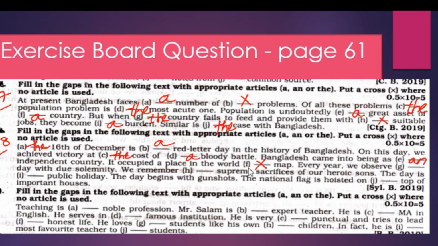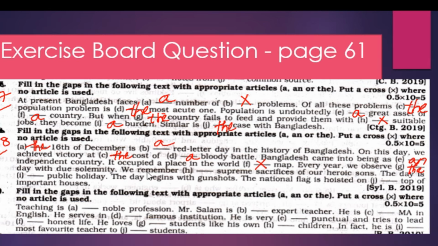Normally, no article will be used before adjective and noun. Okay, world map. Before this map, an article will not be used here. Every year we observe the day, that means that 16th December, the specific day, with due solemnity.